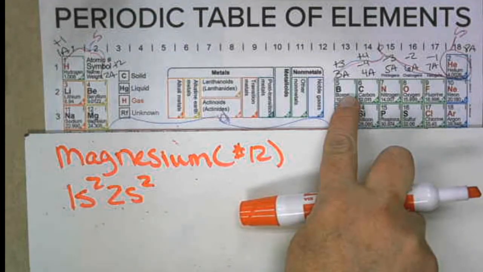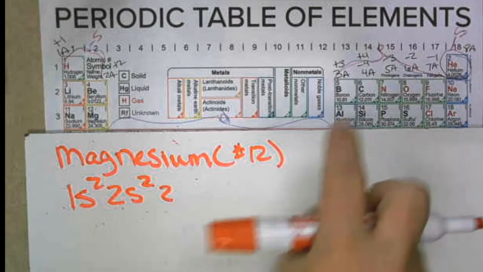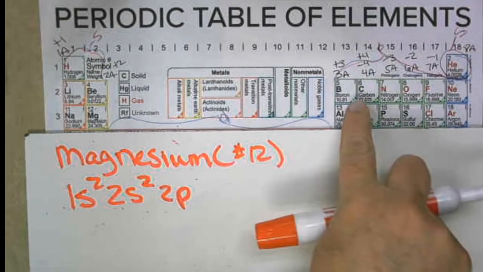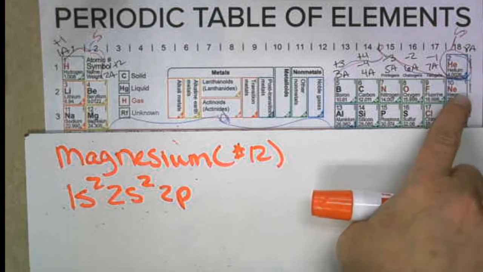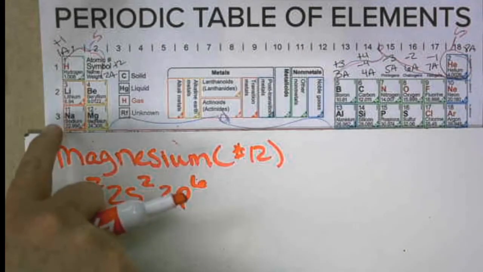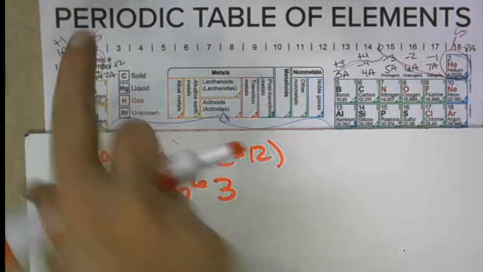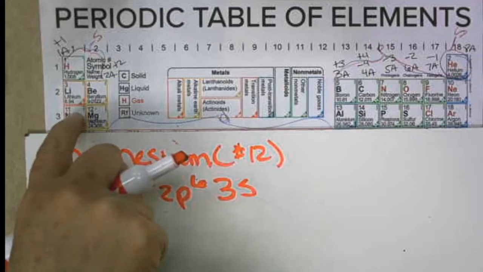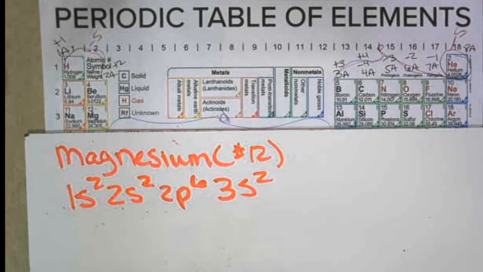Now I'm over here, and this is now my 2p, and 1, 2, 3, 4, 5, 6, still not at magnesium, so now I must go to my next line at 3, and I'm starting with S again, and 1, 2, I've counted 2, and I am at magnesium. This is the electron configuration of magnesium.